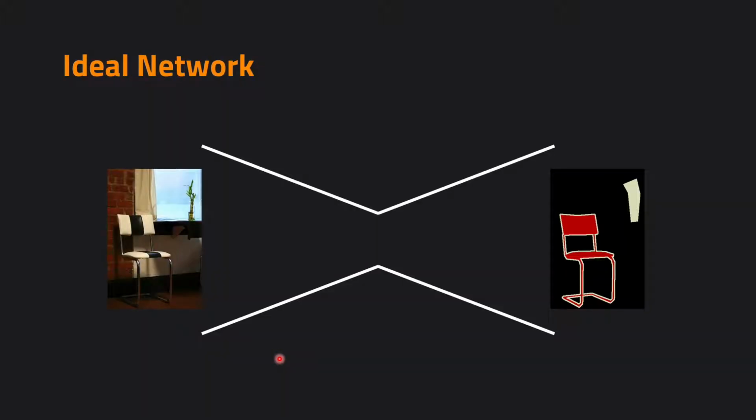And let's take a step back and think about what would be the ideal network for semantic segmentation, so that we can understand why those blurred boundaries and missing parts can happen. So first of all, in an ideal world, when we want to assign one label for each pixel in the image, we actually do not want to squeeze the resolution because we want to keep the output resolution.